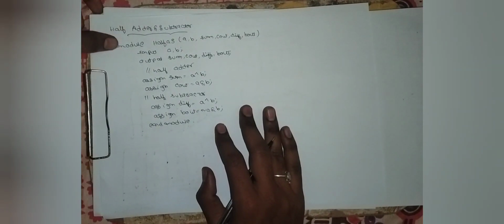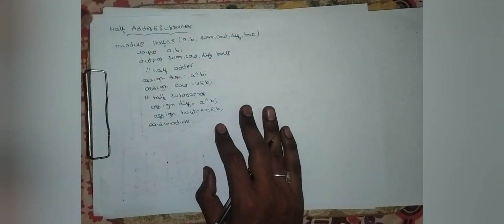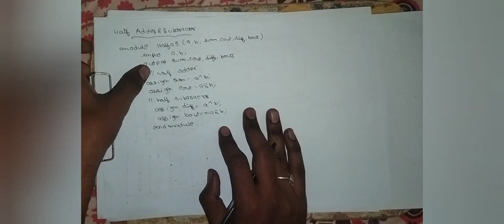So this is the Verilog HDL program for half adder and subtractor. We have taken module and named it half adder and subtractor, and here A B are the inputs and sum, carry out, difference and borrow out are the outputs. As per the syntax, we have written input A B and outputs sum, carry out, difference and borrow out. First we have written the program for the half adder.